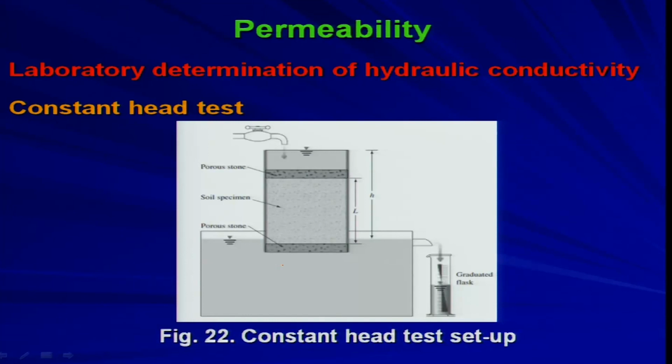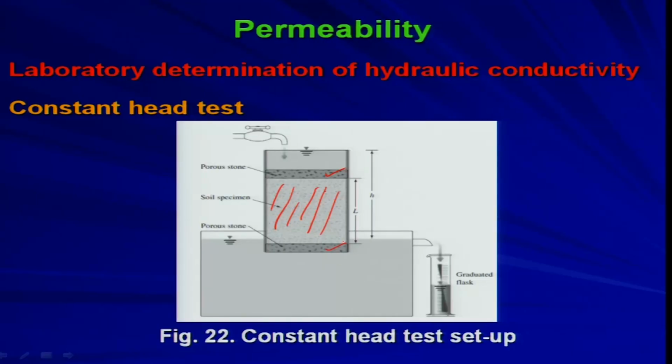Here, this is your soil sample, and on top of the soil sample you have one porous stone, and at the bottom of the soil sample you have another porous stone. These porous stones will allow the water to flow through the soil specimen, but will not allow the soil to go out along the flow.